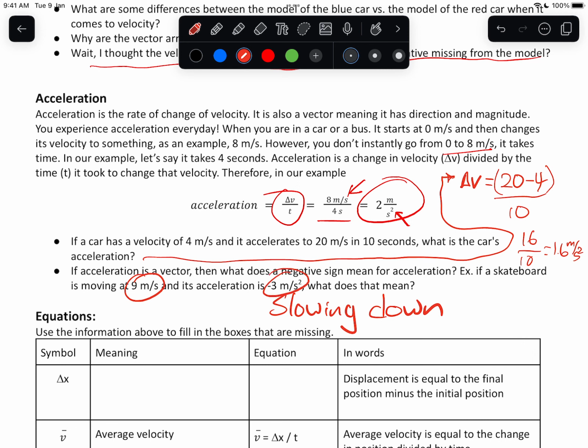Now, if the skateboard was actually moving at a negative 9 meters per second, let's call it negative to the left, right? It's moving there at negative 9 meters per second. Well, if it has an acceleration of negative 3 meters per second squared, then it's actually going to be getting faster. But in this example right here, it is slowing down.